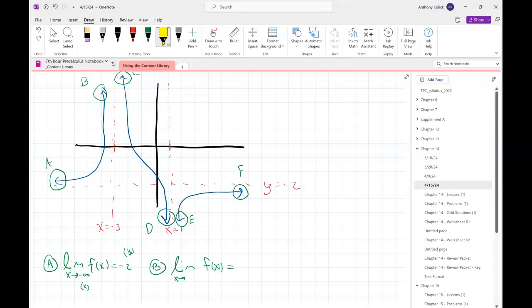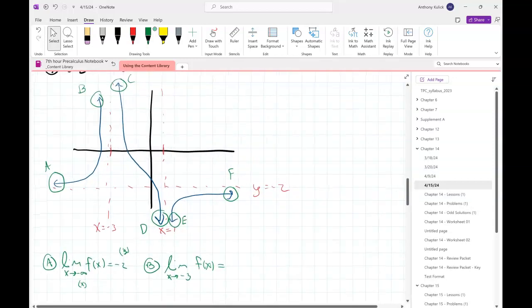But there's a little bit of an issue here. What is the issue with this? How many arrows are pointing at -3? 2. We have to differentiate between them.